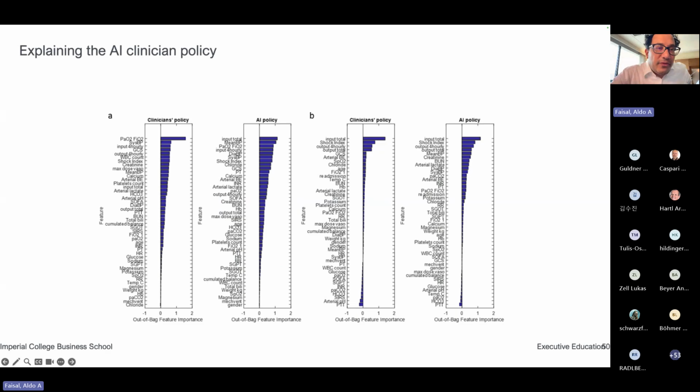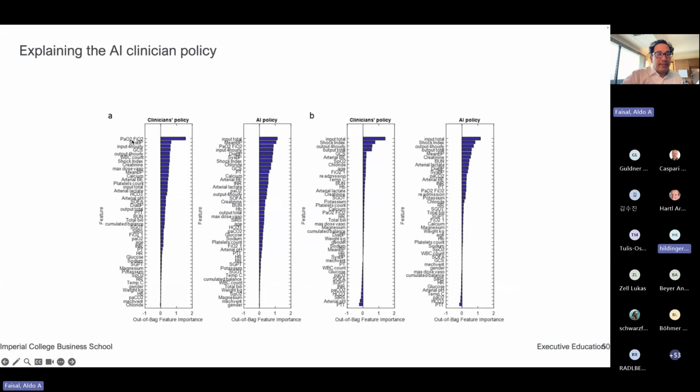Now, the interesting thing that we found is what happens when you open the hood on this. So first of all, what are the decisions of human clinicians based on? So if a clinician decides, let's prescribe this drug with that dosage, we can look at all decisions that clinicians made and try to work out what were the parameters, the physiological parameters.